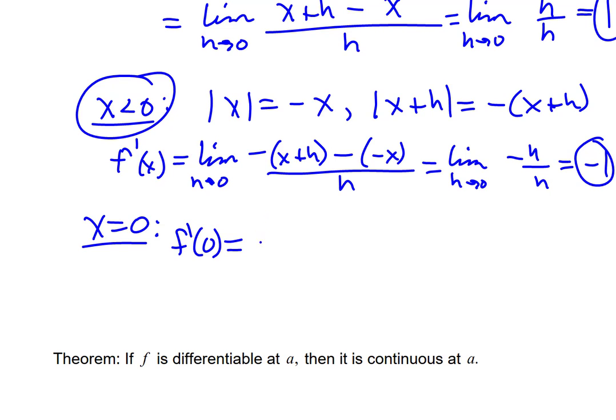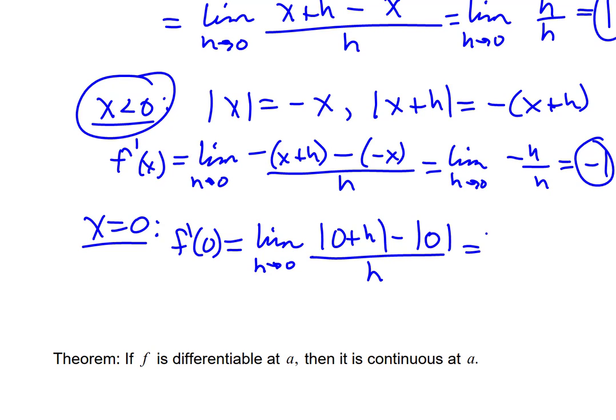So we'll say f prime of 0 equals the limit as h approaches 0 of f of x plus h, but now x is 0, so we'll say absolute value of (0 plus h) minus f of x, or in other words, absolute value of 0, x is 0 here, all over h. This reduces to the limit as h approaches 0 of the numerator, the absolute value of h, over the denominator, just h. And so our question is, does this limit exist?